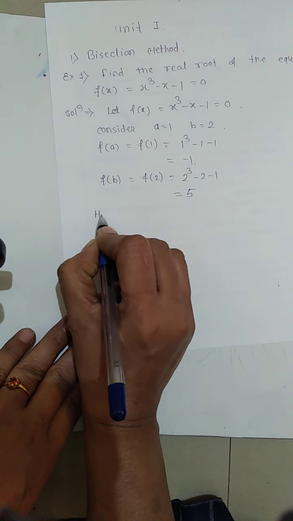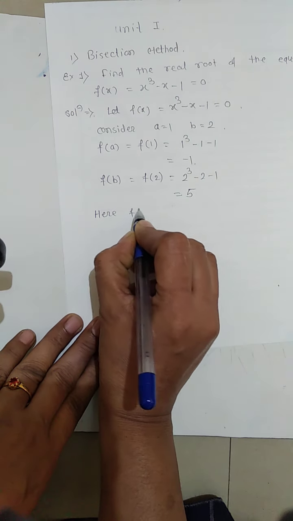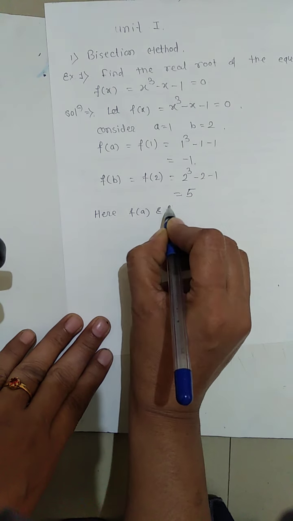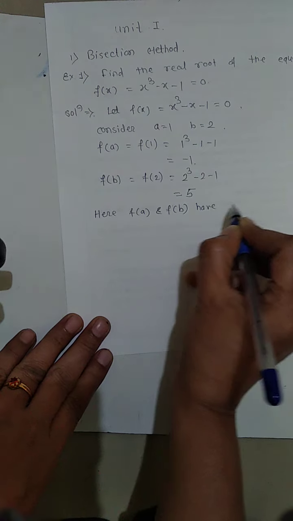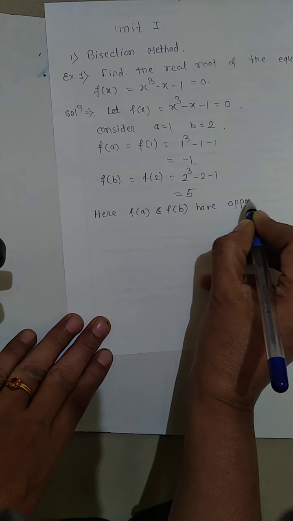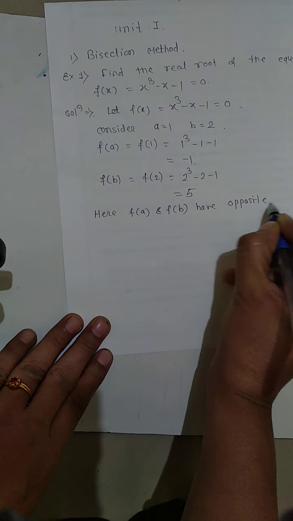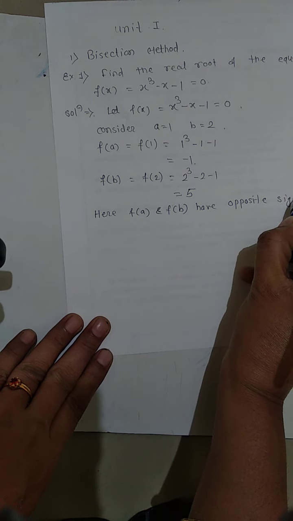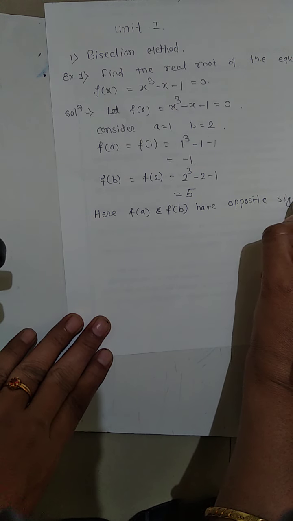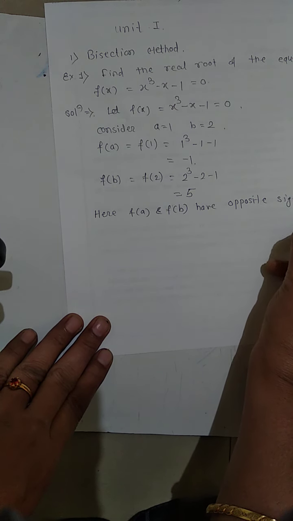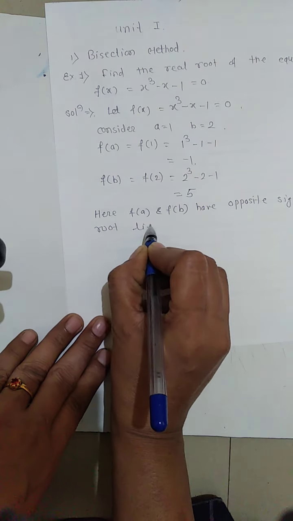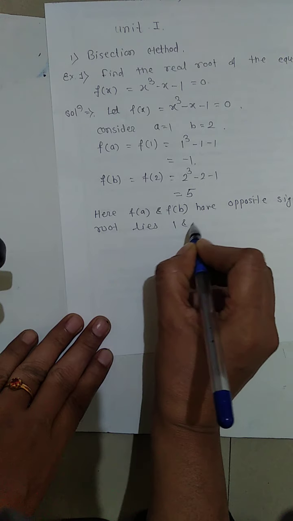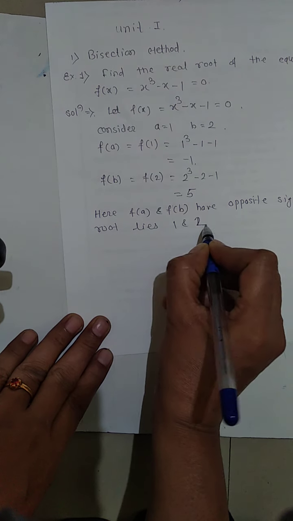Here we see that f(a) and f(b) have opposite signs. By the algorithm, hence the root lies between 1 and 2.